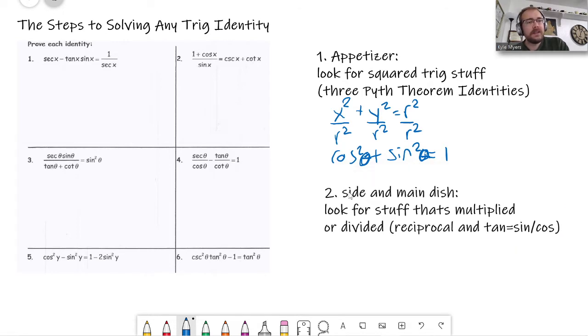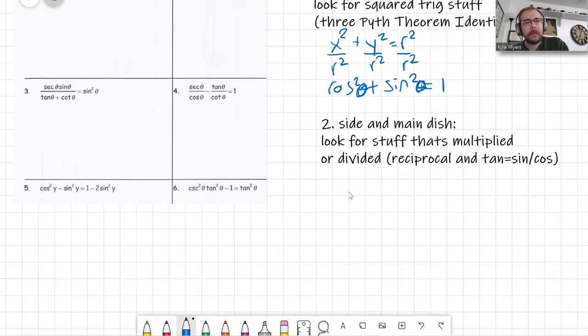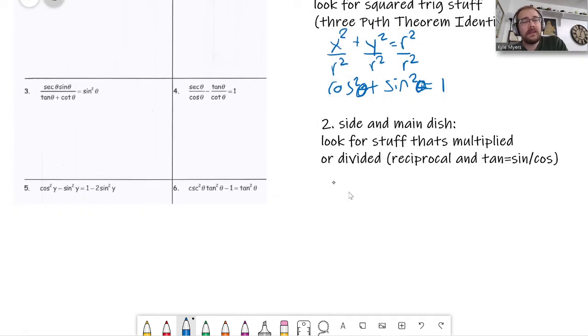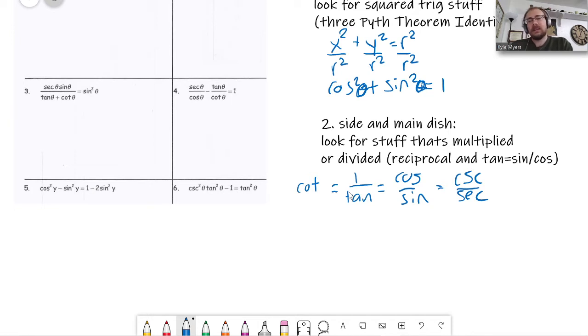But if tangent is equal to sine over cosine, then 1 over tangent would be the reciprocal of that, which is cosine over sine. And we know that 1 over tangent is actually cotangent. And if I flip cosine, cosine's reciprocal is secant, sine's reciprocal is cosecant. So there are a couple of different formulas right there.